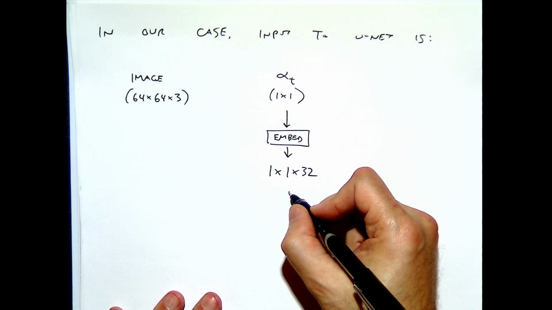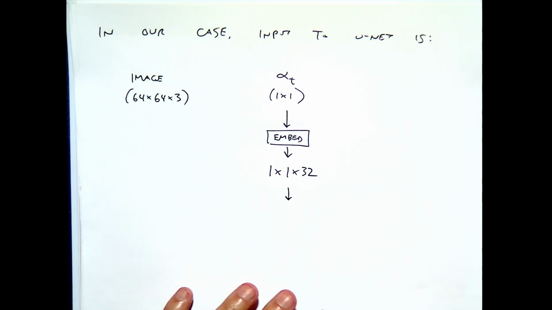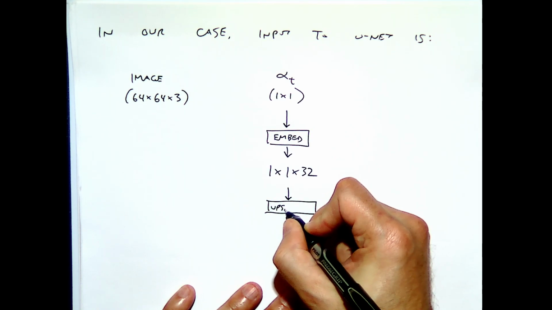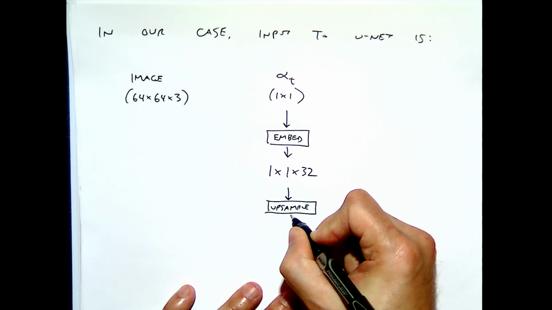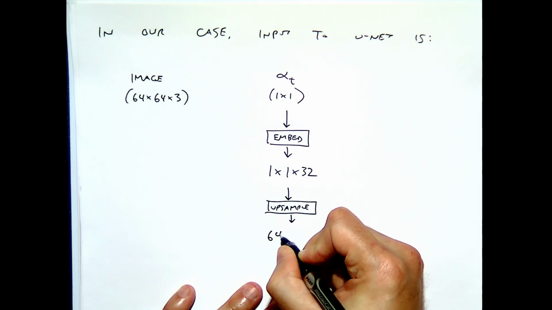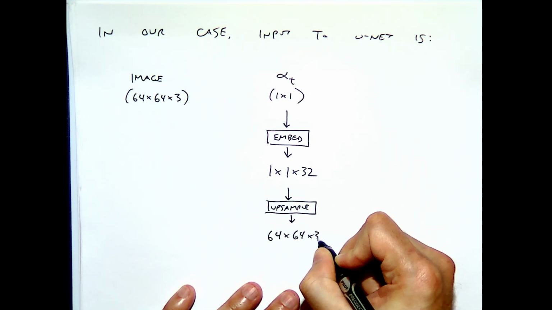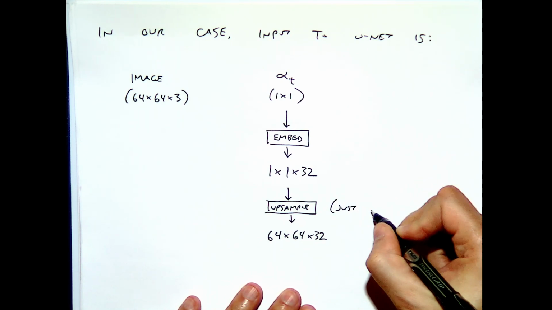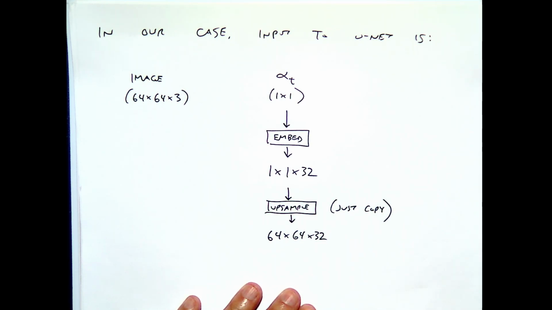Then, if I wanted to make this look more like a matrix, I could upsample this whole thing into a 64 by 64 by 32 tensor, right? All I'm doing here is copying that vector into each of those 64 by 64 slots, right?